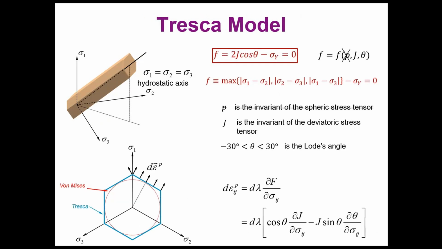So the next model is the Tresca model. This is very similar to the von Mises model because in terms of shape it's very close, let's say, because it's a hexagon that defines this shape in the space, and the same comments apply, the comments we made for the von Mises stress.